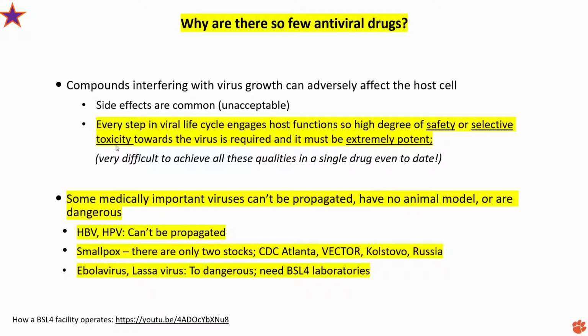So again, if you have to underline just one thing out of the whole thing, remember that selective toxicity is very difficult to achieve. That is the main impediment for why there are so few antivirals. For antibiotics, it's not a problem because bacteria are self-living.